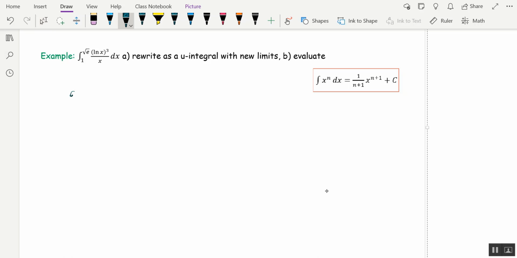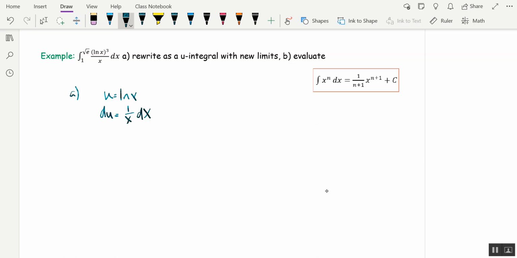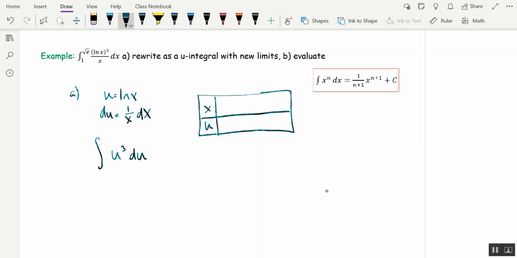So for part A, the first thing we want to do is a u substitution. I'm going to let u be natural log, ln x, and then du is 1 over x dx. Perfect. I have a 1 over x dx, so I don't even need to modify du. So my new integral will be u cubed du, and then let's find those new limits. To find the new limits, you evaluate u at the old limits.